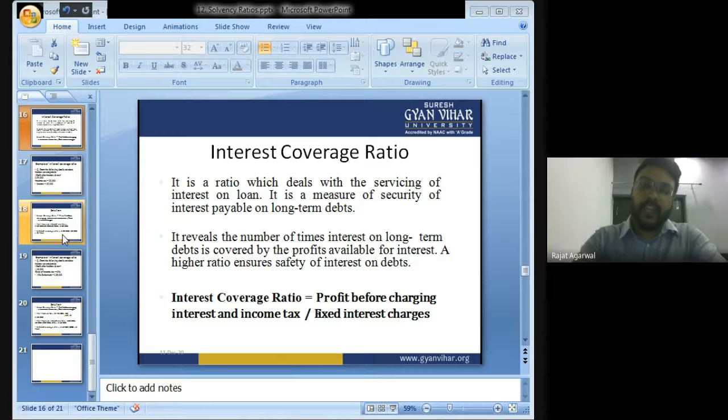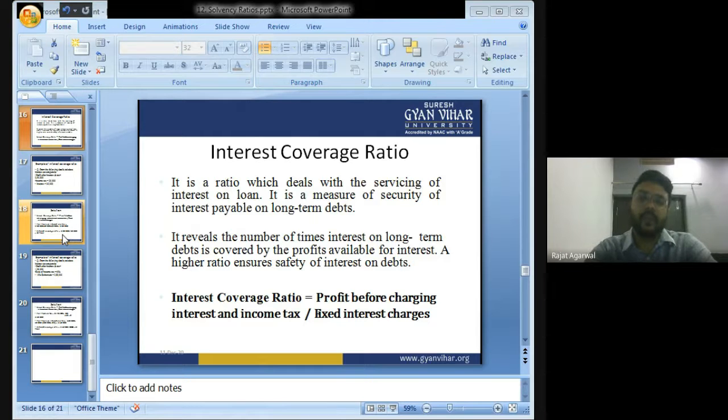Got my point? It reveals the number of times interest on long-term debt is covered by profits available for interest. A higher ratio ensures safety of interest on loan.